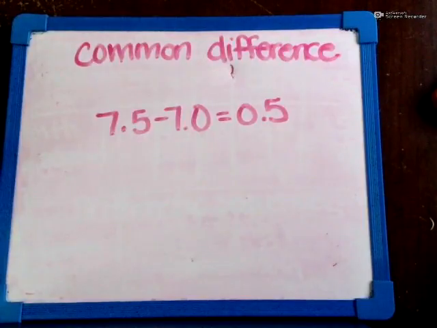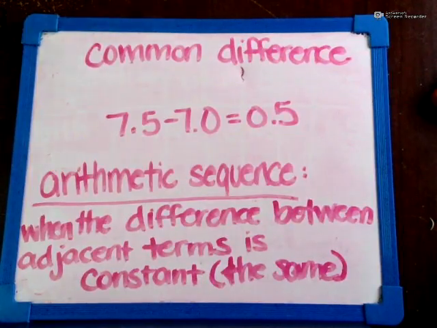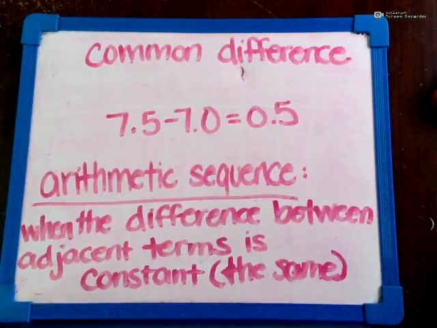So if you're given a sequence of numbers, you can determine the difference between pairs of adjacent terms by subtracting each term from the term after it. If the difference is constant, it's an arithmetic sequence. So if the difference doesn't change, if it's always the same number, it's an arithmetic sequence. And there's a definition for arithmetic sequence that you can put in your notes.